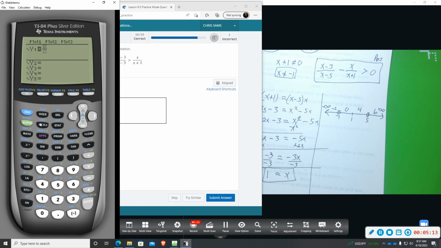And we're going to do x minus 3, and then x minus 5, and then minus, make another fraction bar, alpha, y equals, enter, and then x over x plus 1.